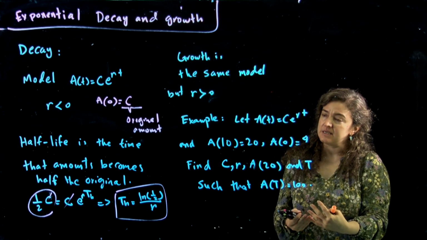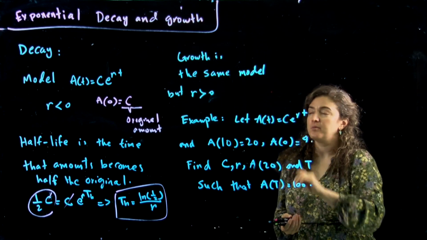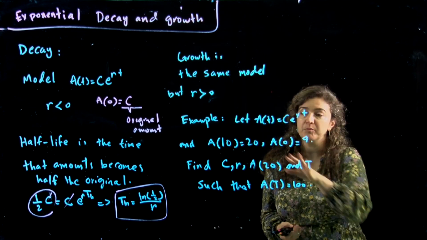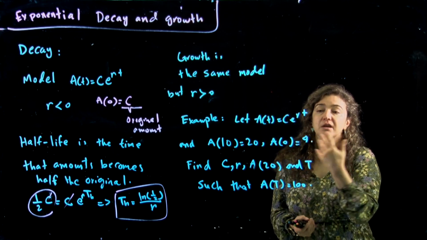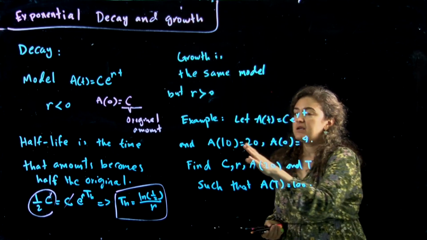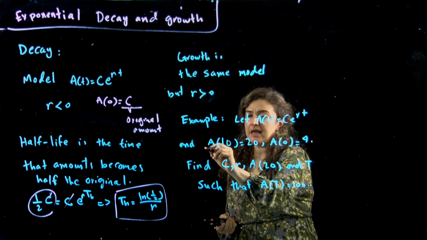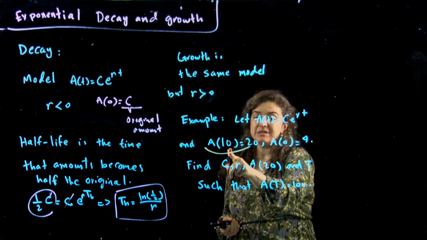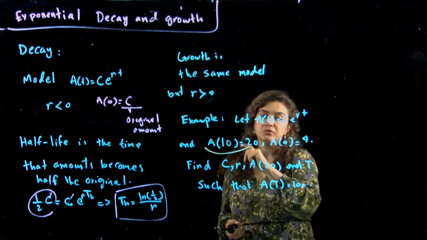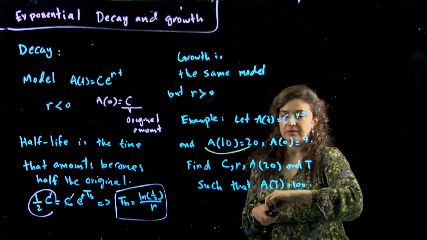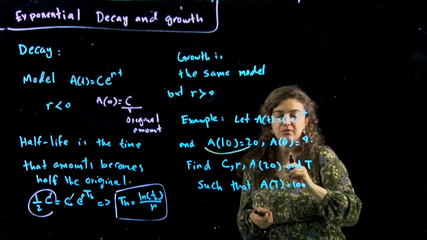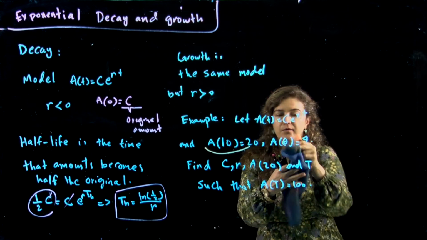Some information is given to you, and you always need that information. Usually from a word problem, you want to extract information such as this. This one is telling you that A at time 10 is equal to 20. This one is telling you that A at time 0 is equal to 4.